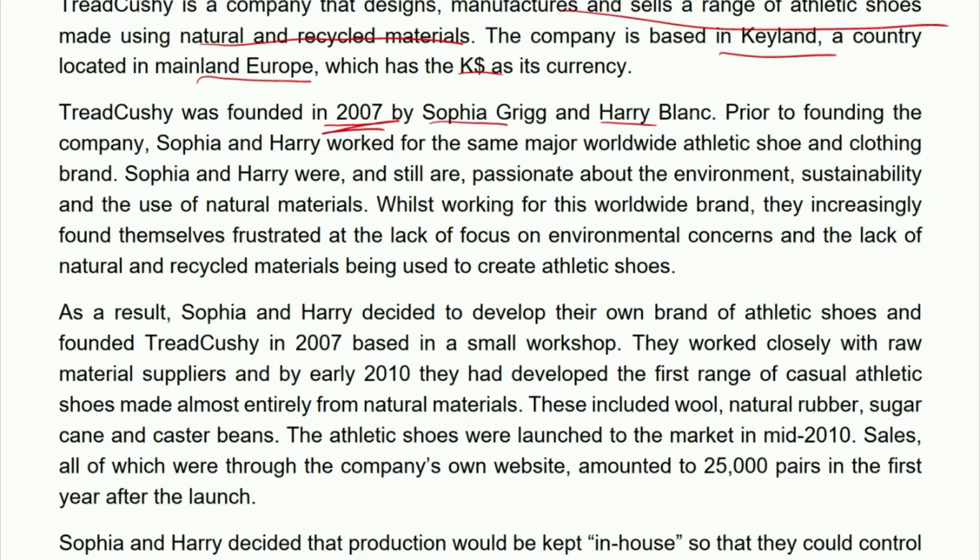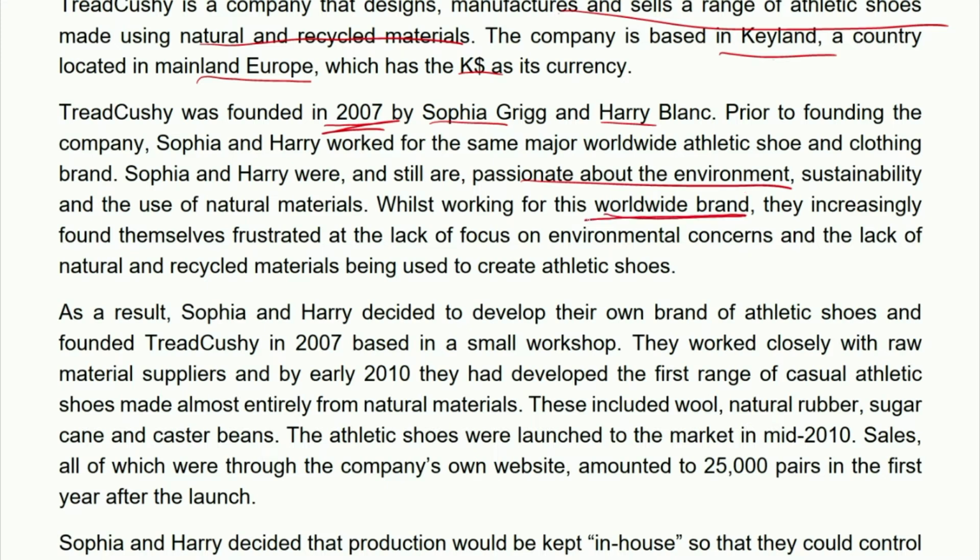Prior to this, both had worked for a major athletic shoe and clothing brand, so they've both got a background in this type of industry, and as we'll see later on, there are 4 main players globally, so we can assume that they came from one of those 4 main players. And they are passionate about the environment, sustainability and the use of natural materials.